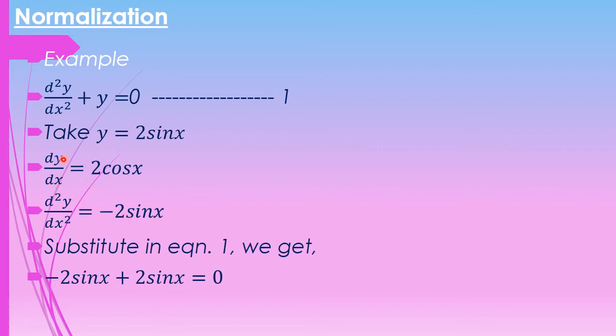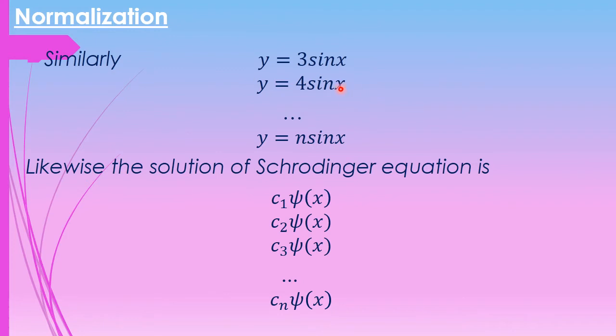If I substitute dy by dx and d square y by dx square in the above equation, I get minus 2 sin x plus 2 sin x is equal to 0. Similarly, y is equal to 3 sin x is also a solution of that equation. y is equal to 4 sin x is also a solution. Up to y is equal to n sin x is also a solution of that equation.